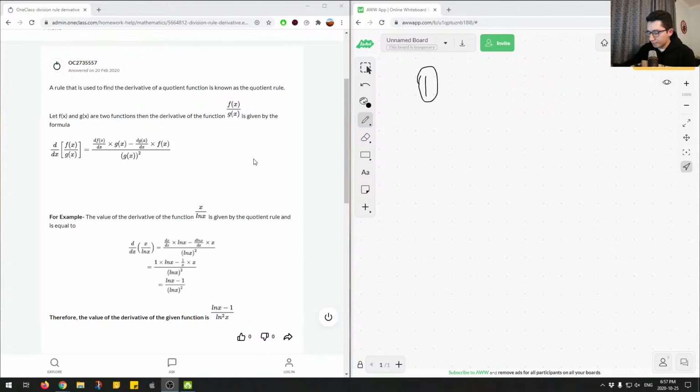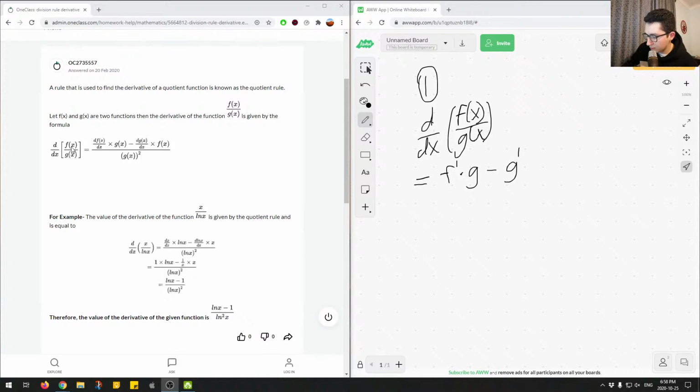Okay, so we're saying that the derivative of some function f at x divided by some function g at x equals the following. So we said the derivative of the first, so I'll just say f prime, times the second, so times g, I'll put a dot here for times, minus the derivative of, I guess, the bottom, so g prime, times the first, which is f at x.